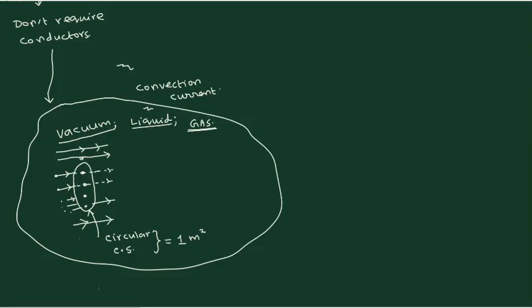So that is the purpose of the unit area. This is what we call unit area. Okay, when this is passing like this, you now write down the number of charges crossing the unit area per unit time.